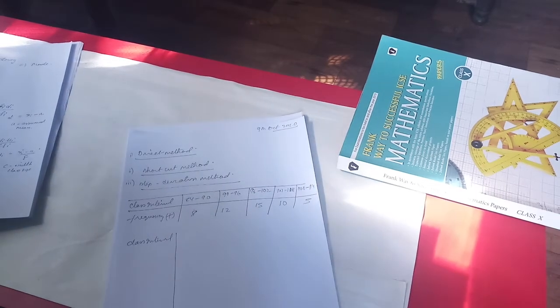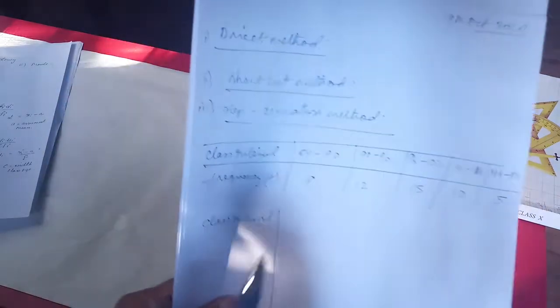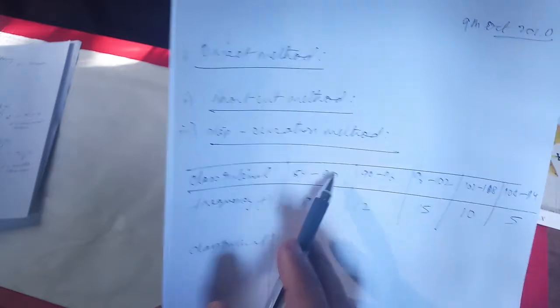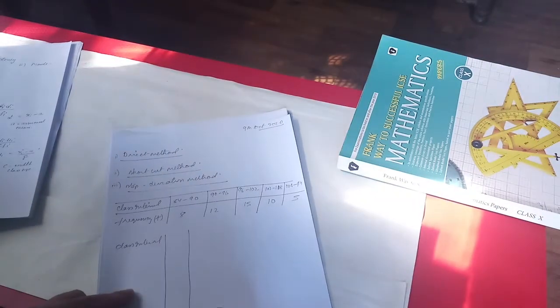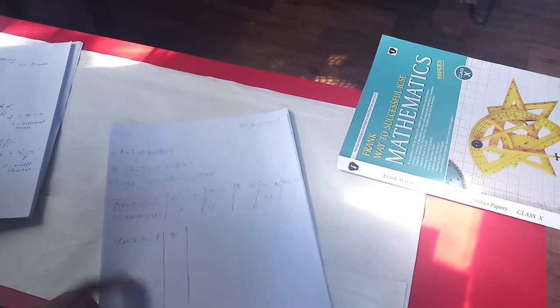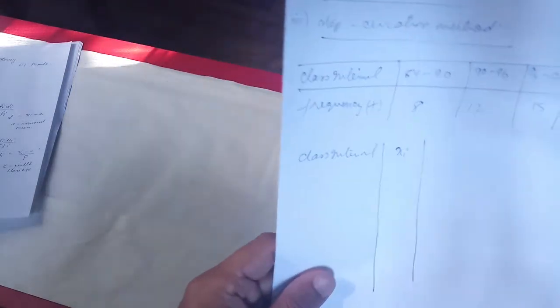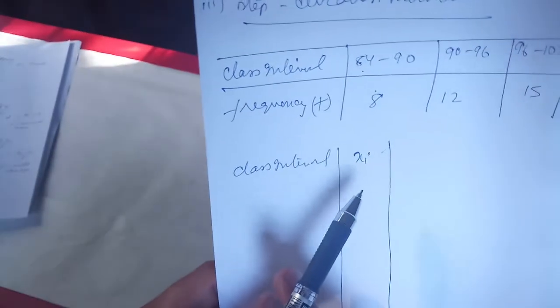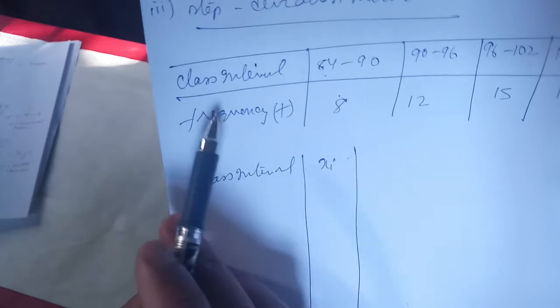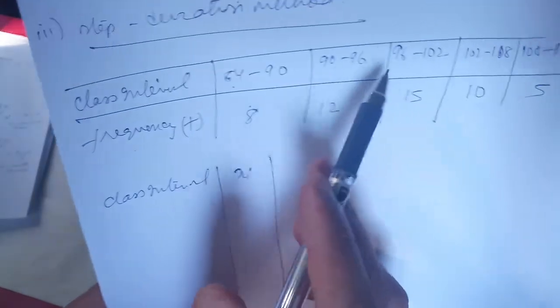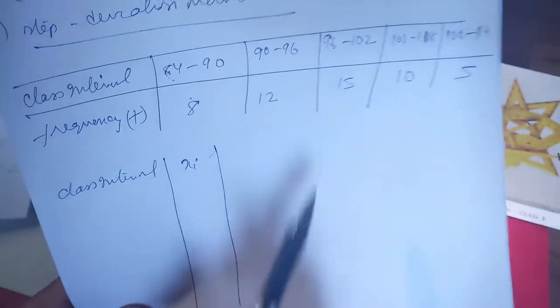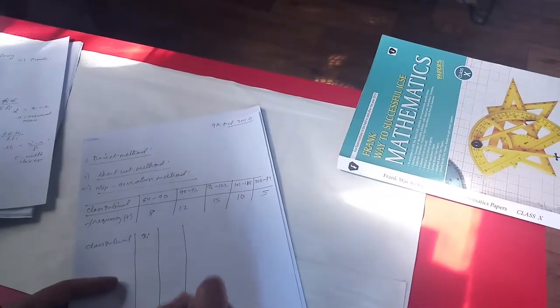Then in the second column, since it is grouped data, that means it is from lower limit to upper limit, we take that as xi. Why the second column is left here is because of the class interval which is grouped. See, it is given in a group. And in the third column, we'll write down the frequency. So this is quite simple.